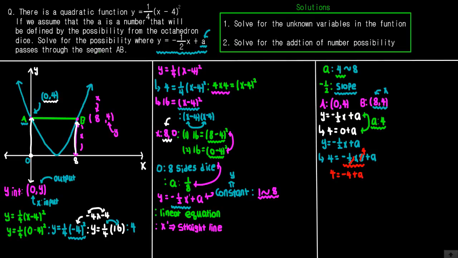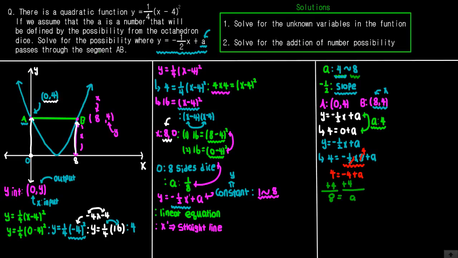In order to solve for the a value, all we have to do is add 4 to both sides in order to isolate the a term. And then we get 8 as the value of a. So we proved why the a value should be equal to 8. So if you think about it, there will be two cases.